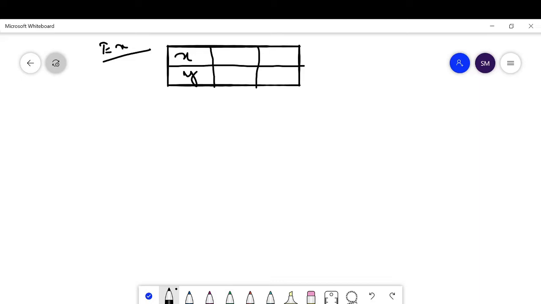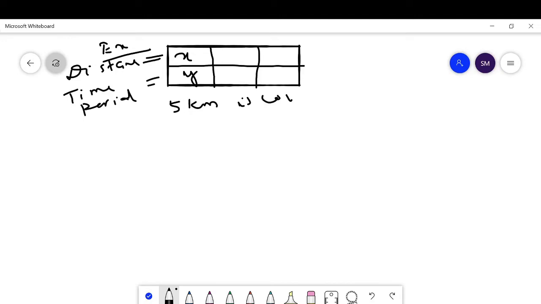Rabi walks at a uniform rate of 5 km per hour. Means x is distance and y is time period. Then 5 km is covered in 1 hour, means 60 minutes.